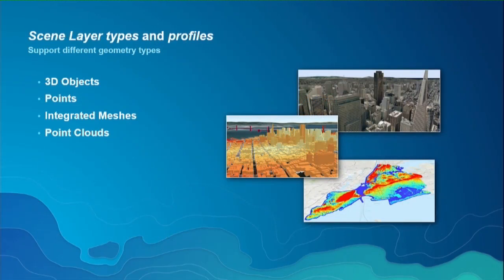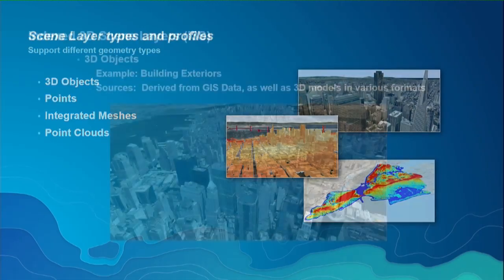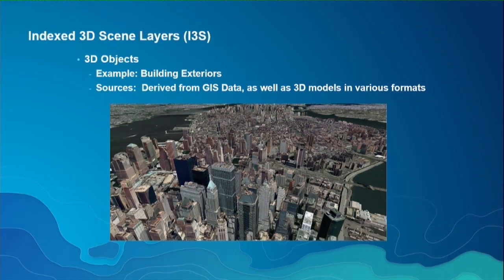So now let's see what types of layers are supported. There are 4 types currently supported: 3D objects, points, integrated mesh, and point clouds are the profile types currently supported within I3S. 3D objects are your typical 3D object buildings, and typically these are data derived from GIS 3D models.